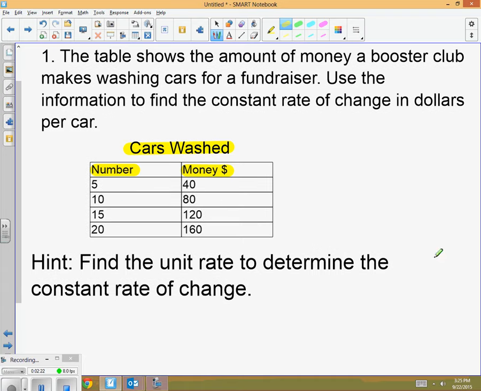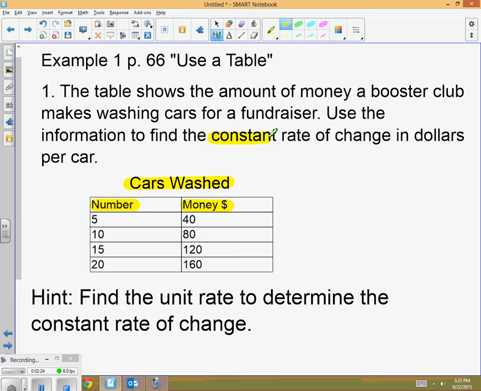Now, in order to find the constant rate of change in dollars per car, we have a hint here, and our hint is to find the unit rate to determine the constant rate of change. So we need to look at first the change in money compared to the change in cars. How much does it cost per car?